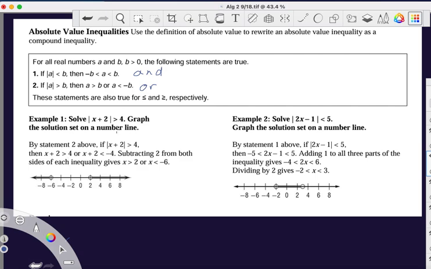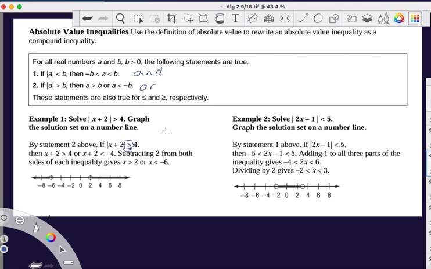So, when we have our greater than symbol, we're creating an or. When we have a less than symbol, we're creating an and. So right here, this symbol, greater than, not greater than or equal to, maybe I should just circle it. It's greater than, so we're going to create an or situation.